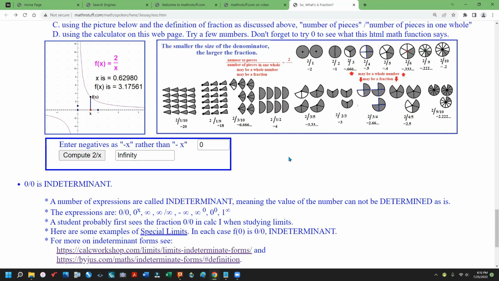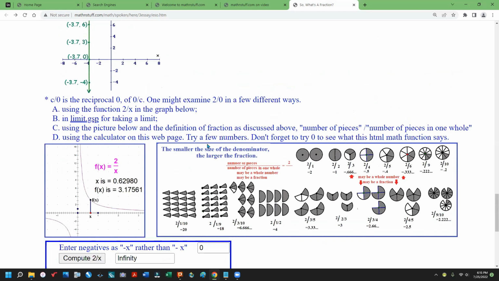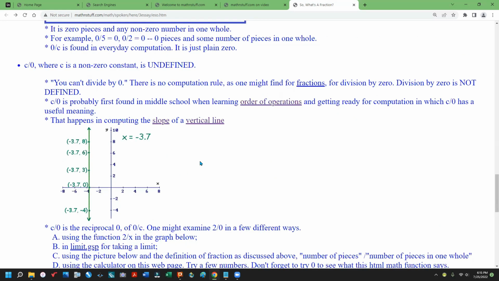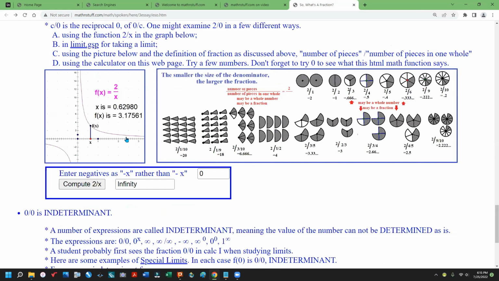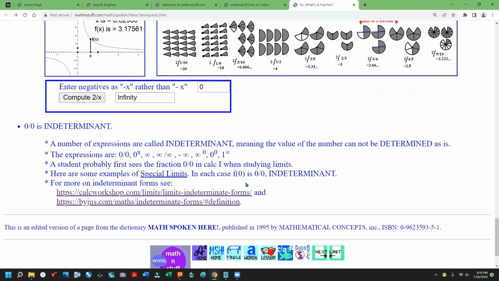So now we've gotten through fractions as discussed, and they don't discuss it much in high school. All they tell you is you can't divide by 0 and leave it at that. But now you see that the reason you can't do that is because the value you get is infinitely large and cannot be written as a real number.